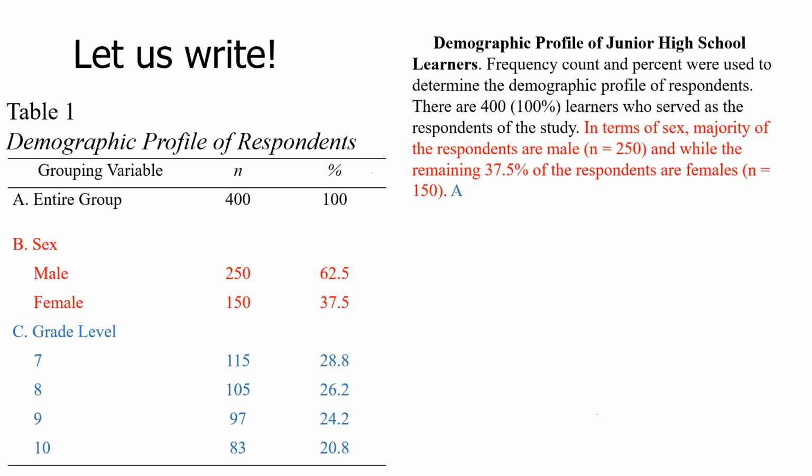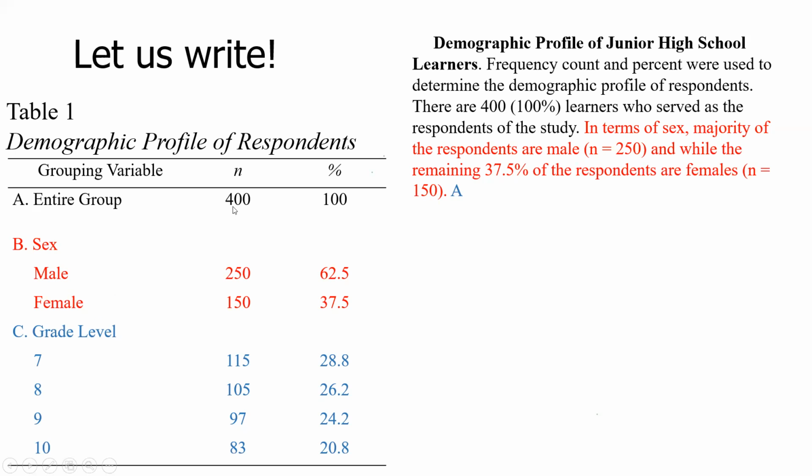Now, for example, in my demographic profile of junior high school learners, let's say that's the name describing this table. I placed there: frequency count and percent were used to determine the demographic profile of respondents. There are 400, and I place here, inside the parentheses, 100%.